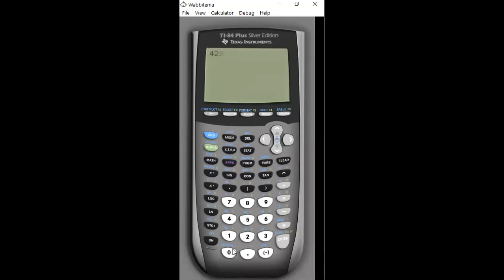So it's 42,000 divided by E. E is under the ln, so you do second ln, then you type 0.4. Okay, and then you hit enter. You got 28,153.44. Okay, let me go back to my whiteboard.